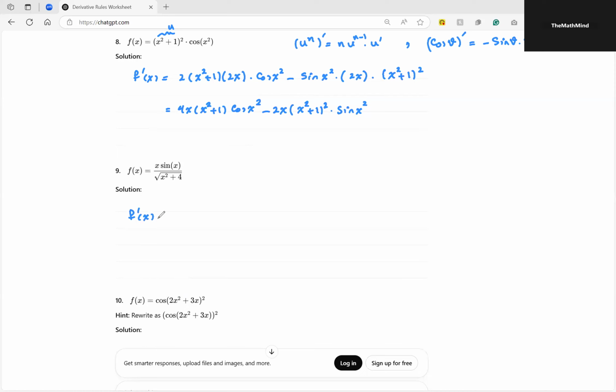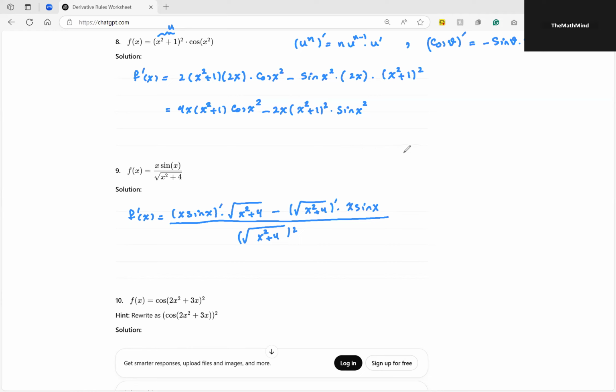So f prime will be derivative of the top multiplied by the bottom, minus derivative of the bottom, I'm sorry, multiplied by the top, and then all over root x squared plus 4 to the power of 2.